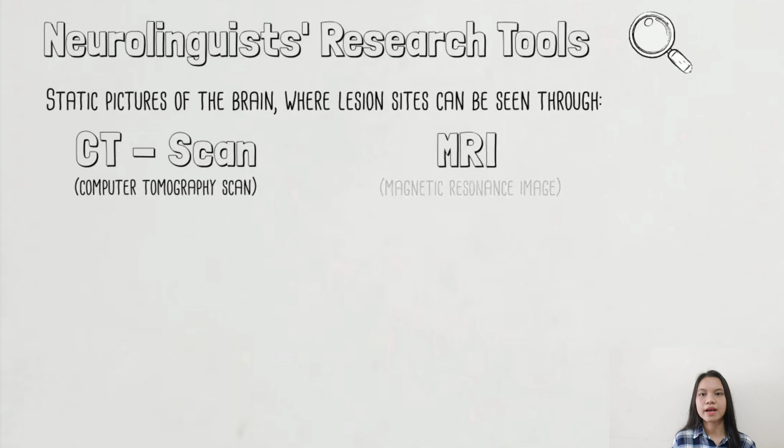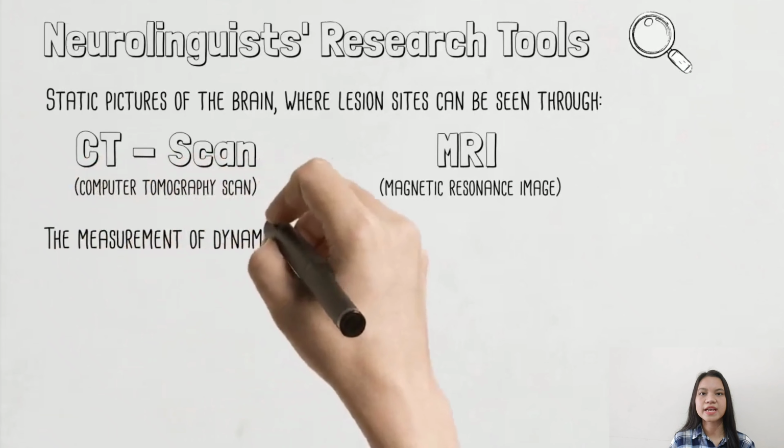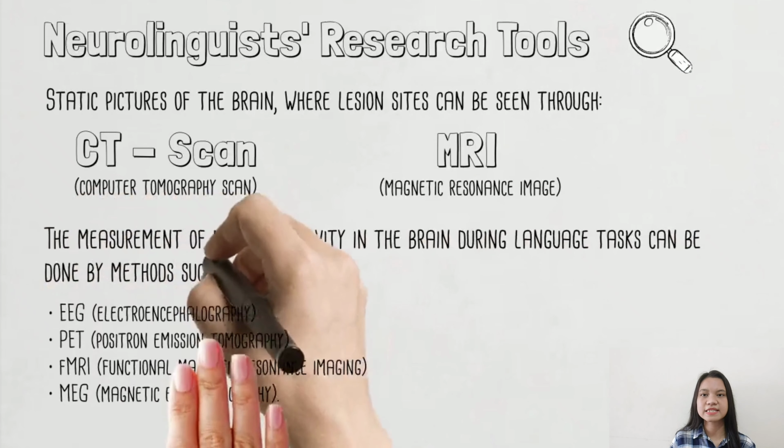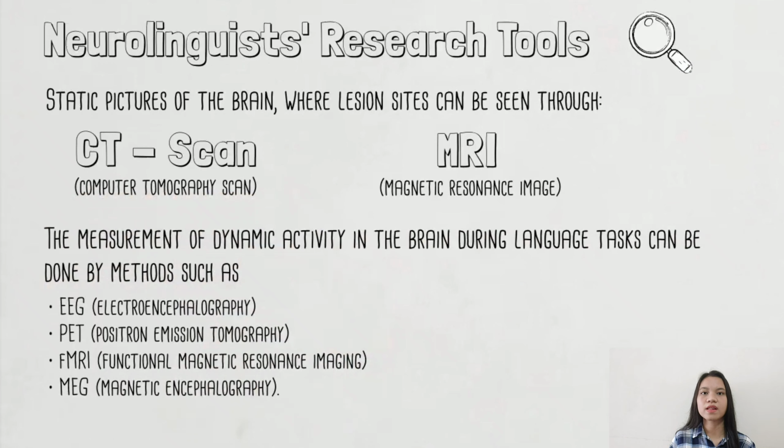Another tool is the MRI, or magnetic resonance imaging, which is the standard information in hospitals today. The measurement of dynamic activity in the brain during language tasks can be done by methods such as EEG, or electroencephalography, PET, positron emission tomography, fMRI, functional magnetic resonance imaging, and MEG, magnetoencephalography.